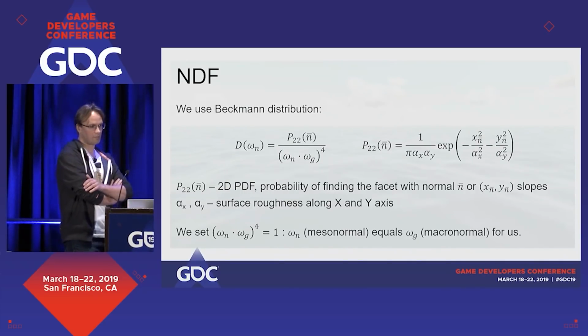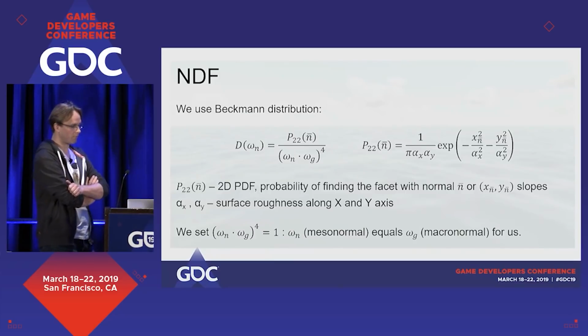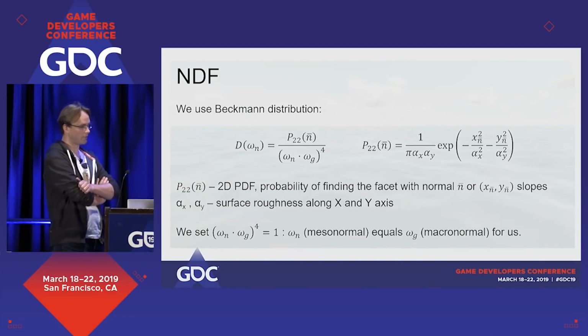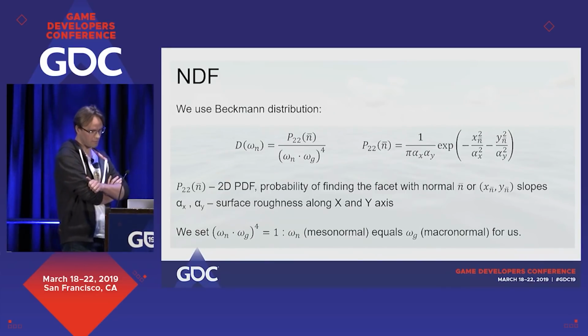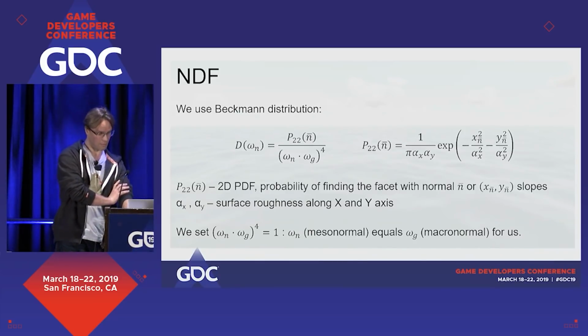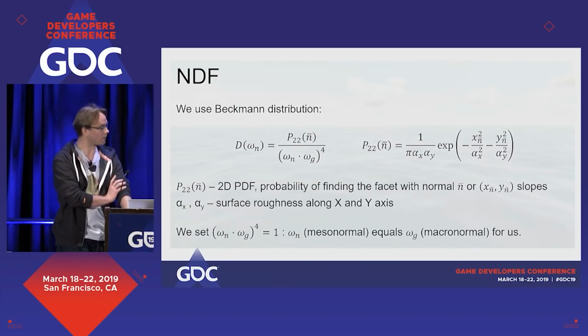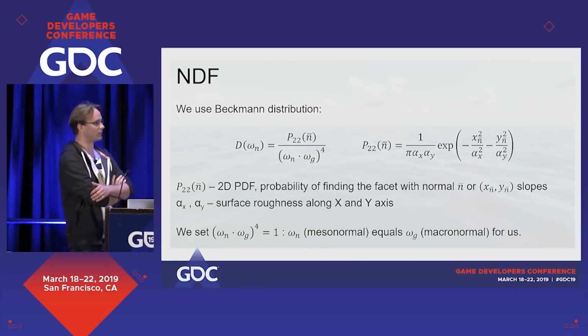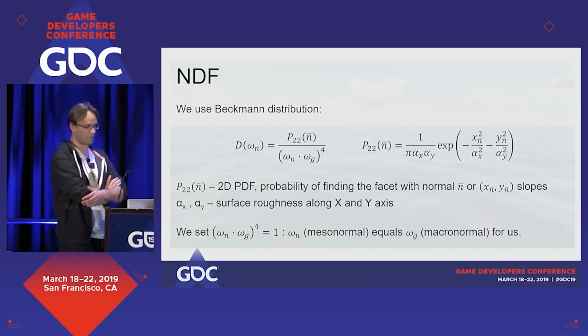Now, the NDF, the normal distribution function, for us, we use the Beckmann distribution, is defined as a function of the PDF, probability density function. These formulas are quite scary. They are here just for reference, but they mean that our PDF defines our surface roughnesses along the x and y axis, because we are rendering the waves and we need to use the anisotropic BRDF, right?